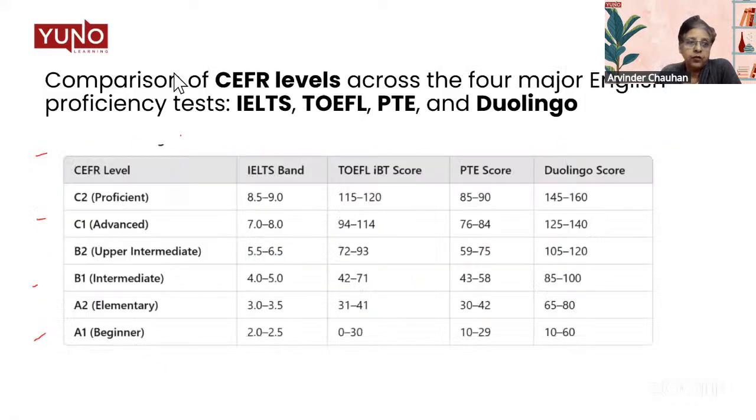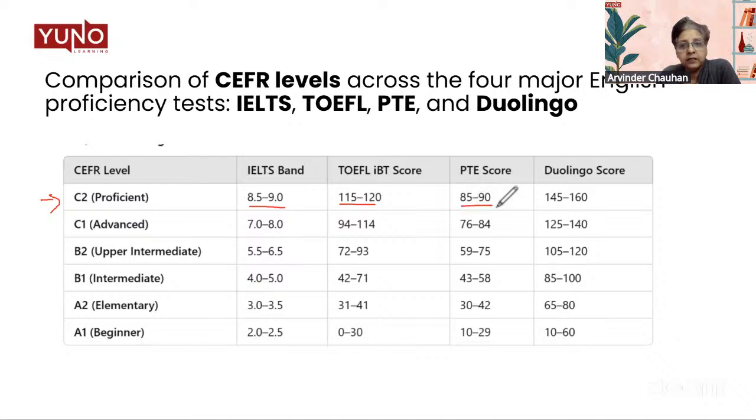Okay, now here is a comparison of CEFR levels across the 4 major proficiency tests. So if we look at all of them, IELTS, TOEFL, PTE, and Duolingo, here is how it looks. The C2 for IELTS is band 8.5 to 9. For TOEFL it is 115 to 120.